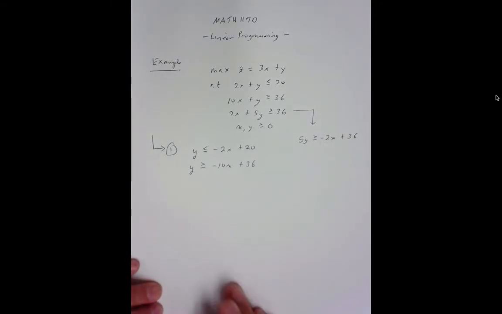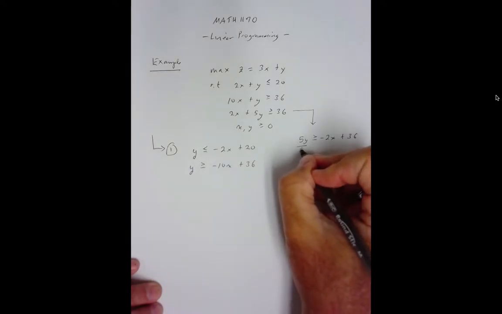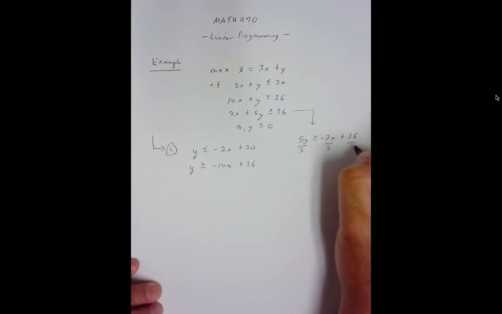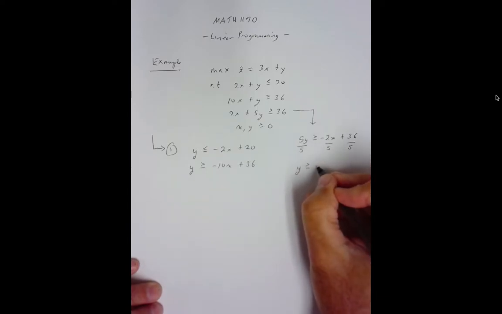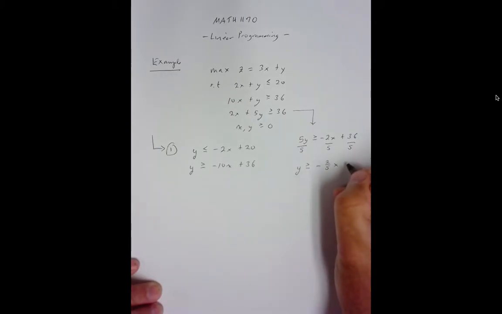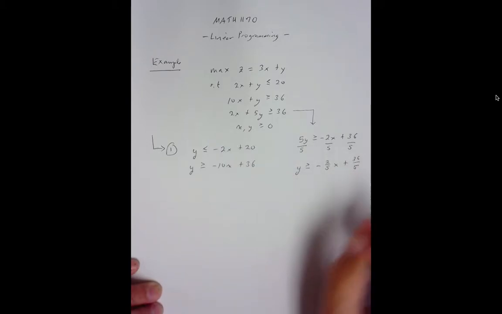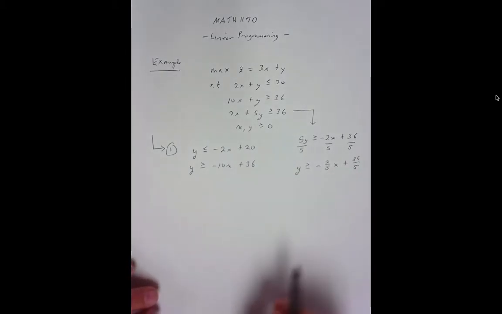So divide through by 5. So y greater than or equal to negative 2/5 x plus 36 over 5. Now, if you wanted to put that as 7.2, that's fine.